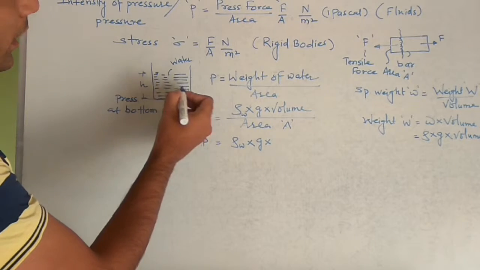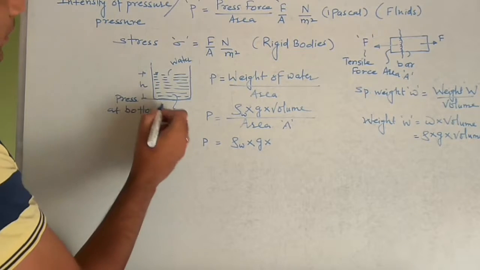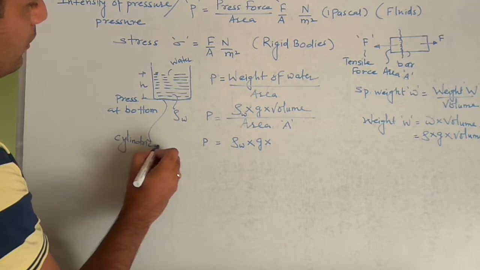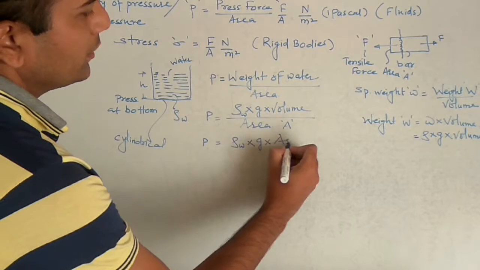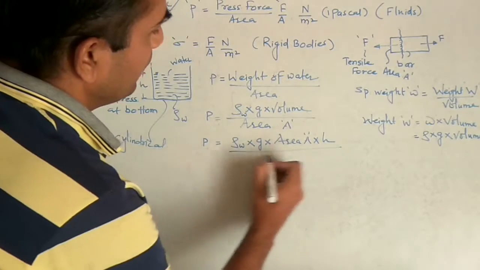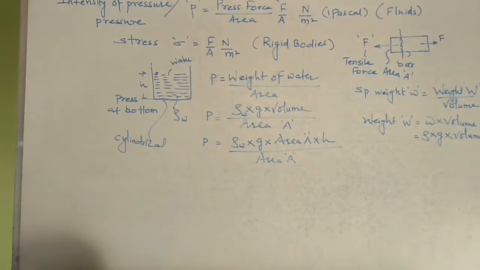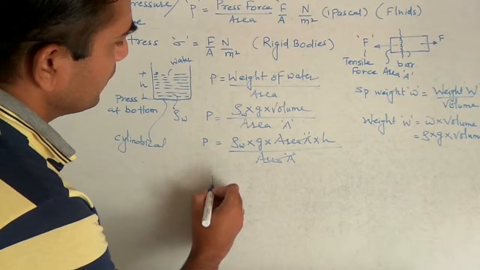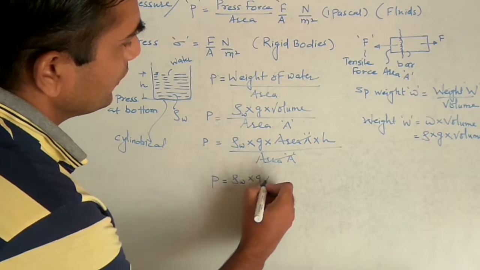Now we have taken the cylindrical container, so volume we can calculate it, that is area A multiplied by height, divided by area A. So we are saying that this area and this area get cancelled. So we got the formula P is equal to rho g into h.